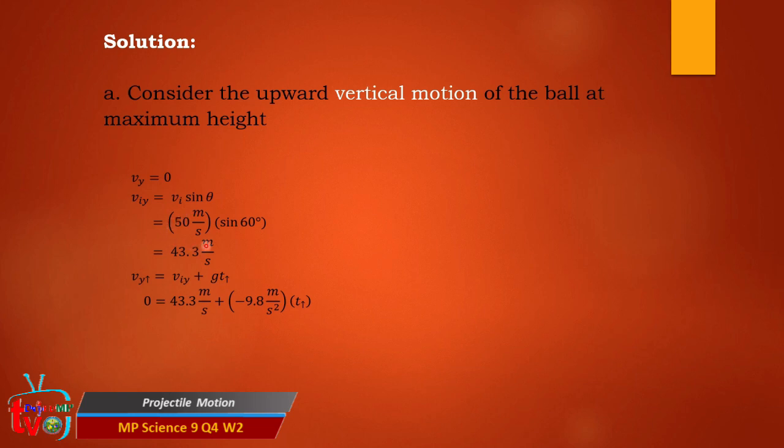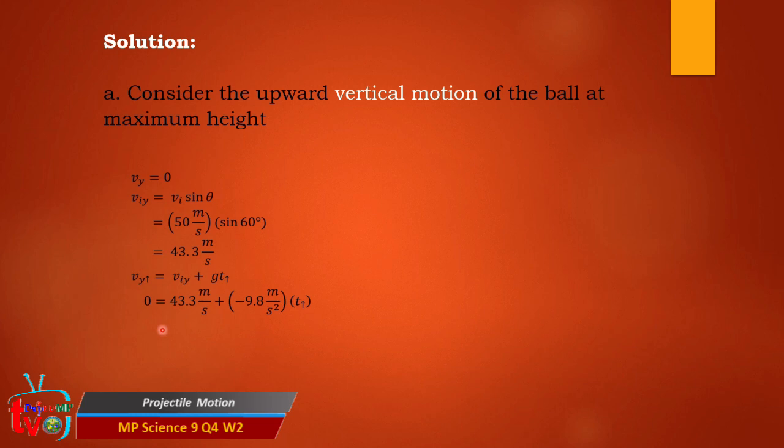Substituting the given in the problem, the initial velocity is 50 meters per second times sine 60 degrees. Therefore, the initial upward velocity is 43.3 meters per second.